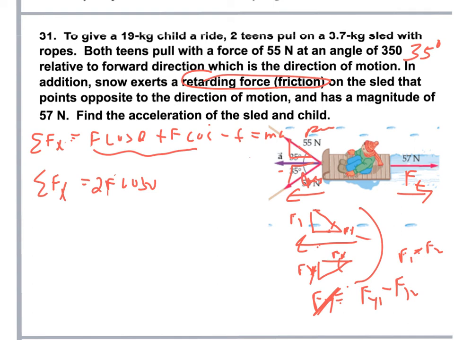Let me write that a little neater. Equals 2f cosine theta minus f. And that equals our MA. So that equals the mass of the child plus the mass of the sled.